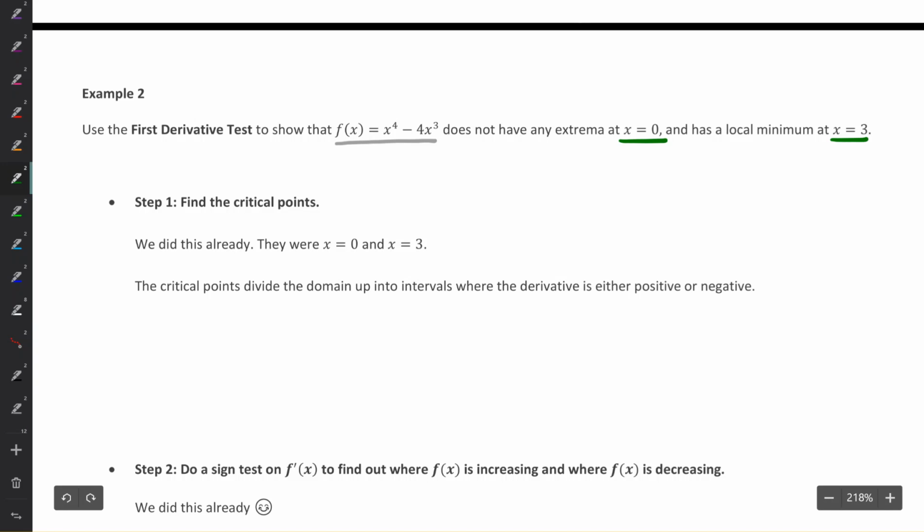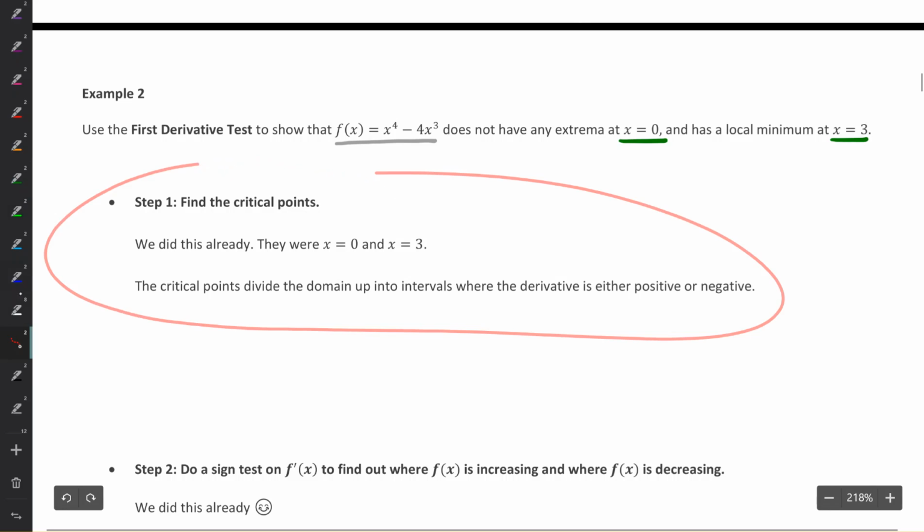So what are the steps to the first derivative test? We've already done quite a few. Step 1 would be to find the critical points.